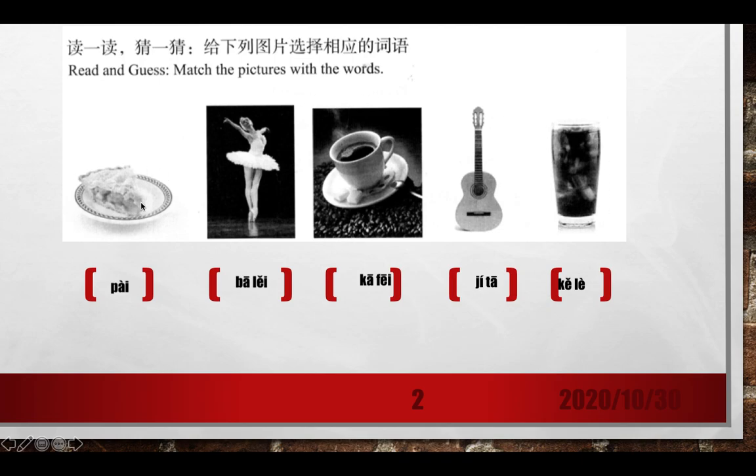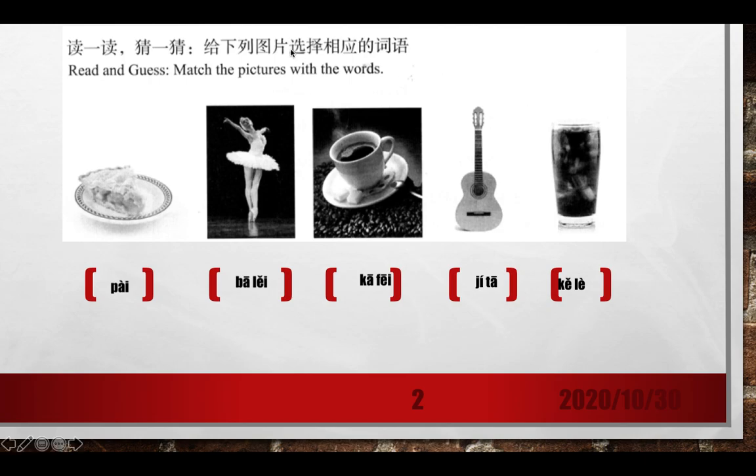Yes, pie, and in Chinese also we have pie. Ballet, we have in Chinese 芭蕾. Coffee, 咖啡. Guitar, 吉他. Coca-Cola, 可乐. So these words in Chinese are actually translated directly from the English.